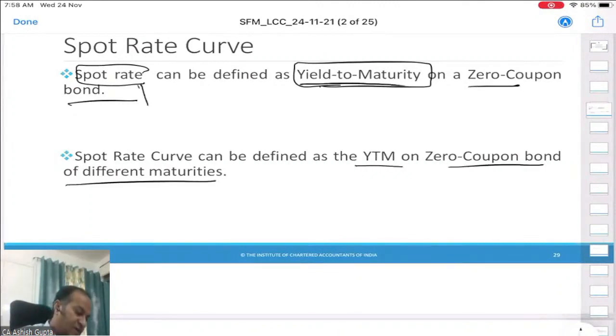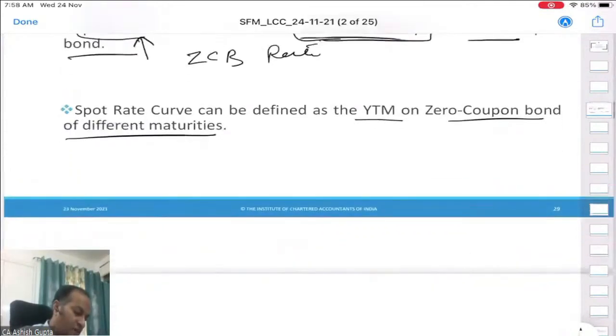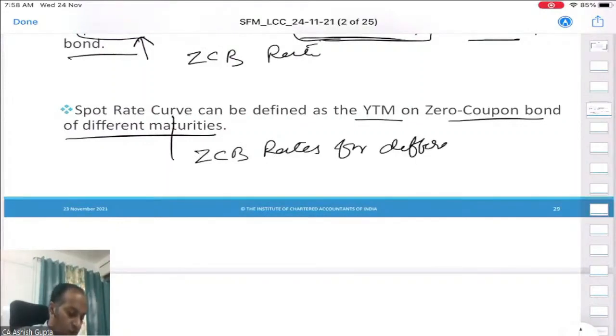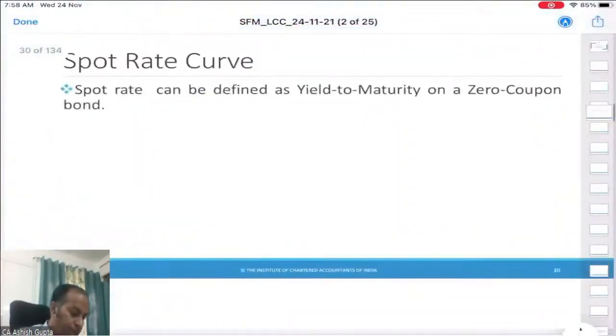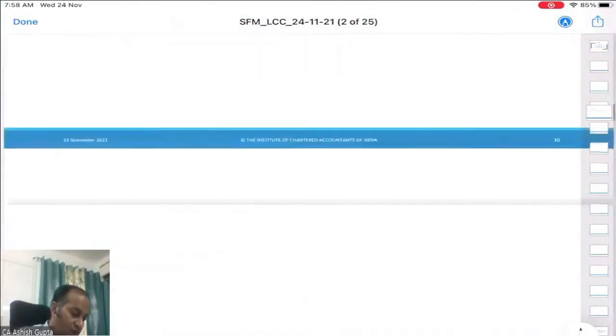So spot rate means zero coupon bond rate, and spot rate curve means zero coupon bond rates for different maturity periods.